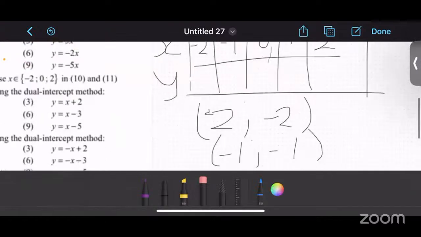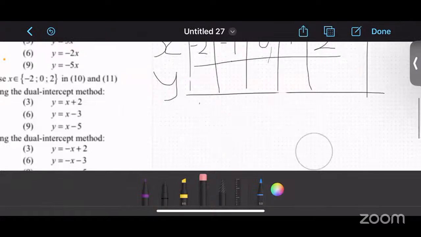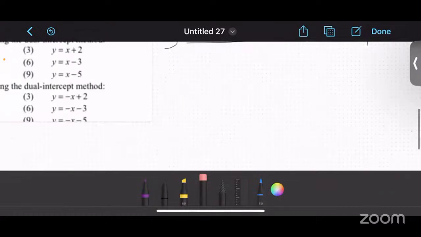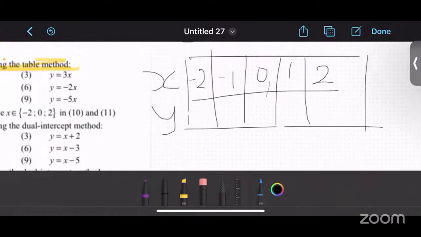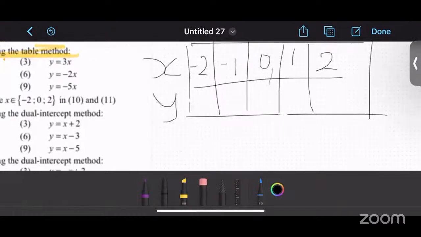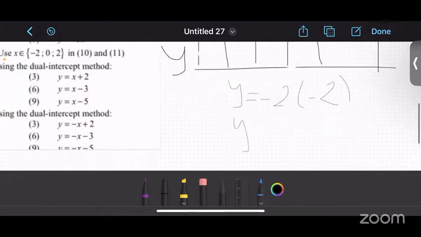Okay, this is no longer important. We are done with it, so I'm just gonna wipe it off. Now let's do this. So my y is equal to 2 into minus 2. That would be my first y value, okay? Oh, sorry guys, it's not minus.